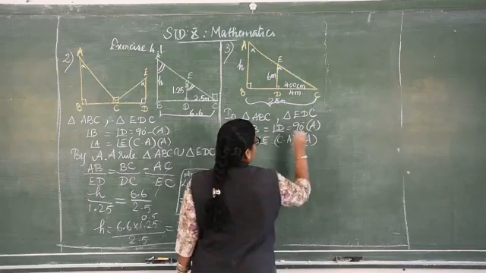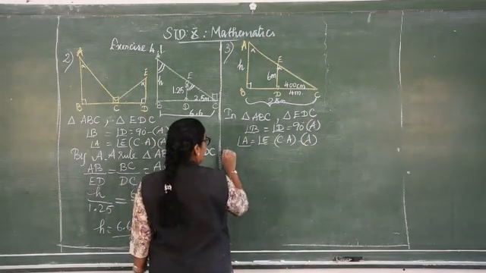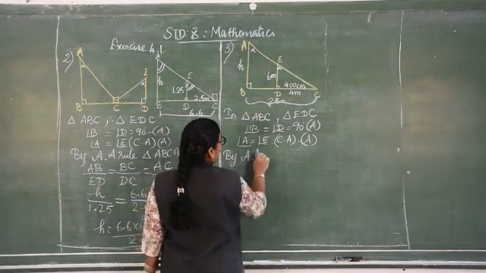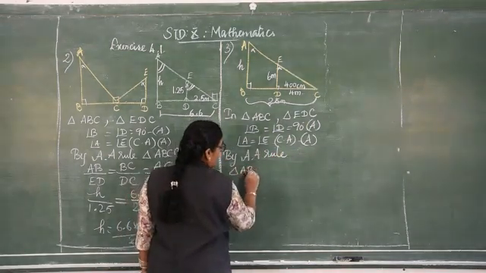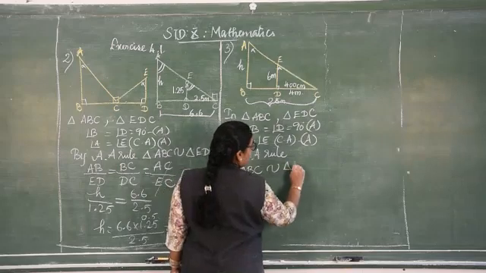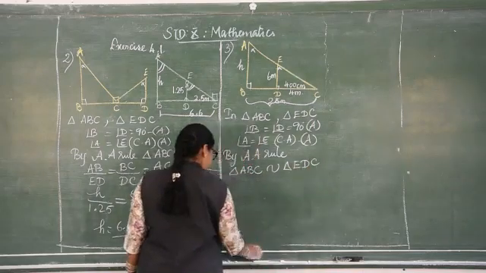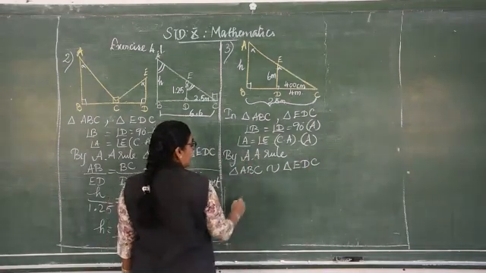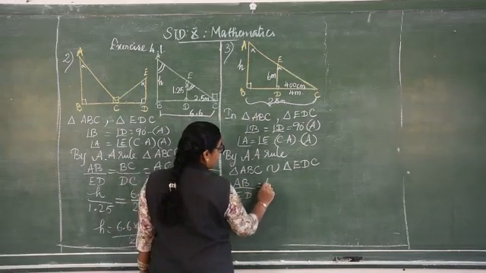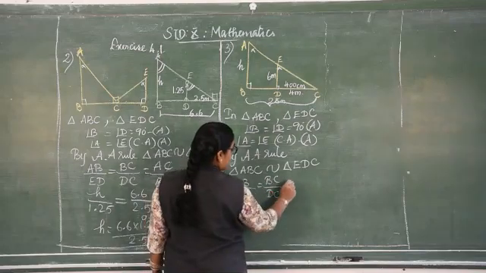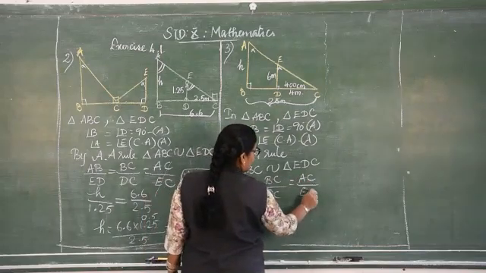So by AA rule, we can say triangle ABC is similar to triangle EDC. Then, what shall we write? AB by ED is equal to BC by DC is equal to AC by EC.